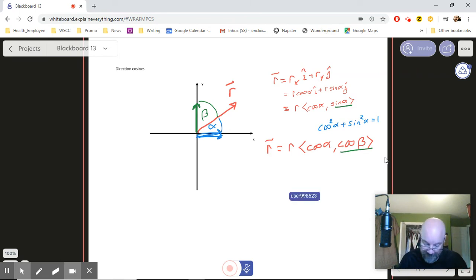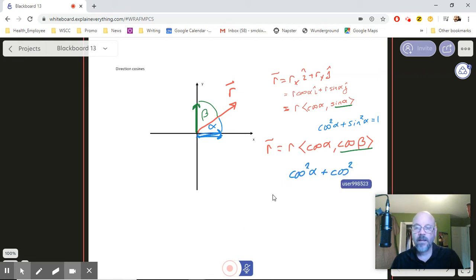But what I want you to see is if we use this notation, we get something that makes sense, but at the same time, it's kind of like, oh, I never thought about it that way before, which is to say that cosine squared alpha plus cosine squared beta is equal to 1. Hopefully my internet will catch up. There we go. Cosine squared alpha plus cosine squared beta is equal to 1.